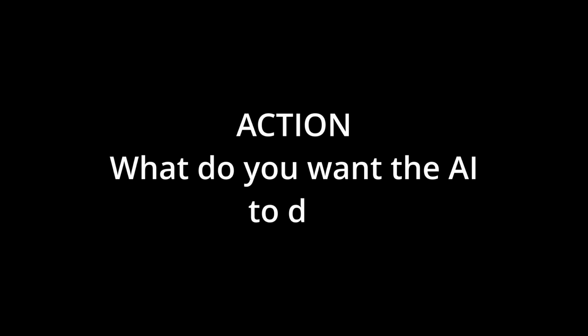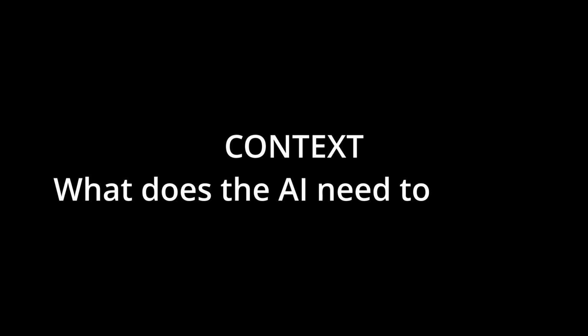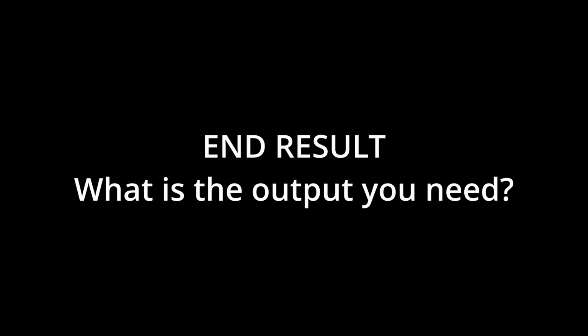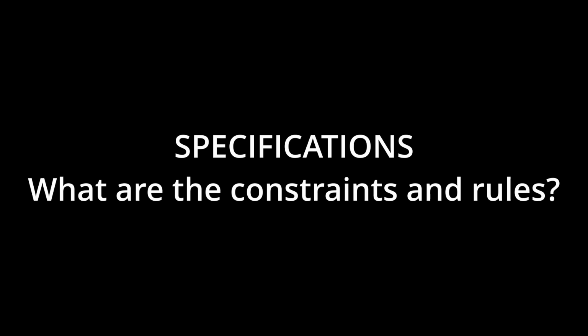And there are 5 elements. Role, who should the AI be acting as? Action, what do you actually want done? Context, what does the AI need to know to do this job well? End result, what should the finished output look like? And specifications, what are the constraints, rules, and guardrails?